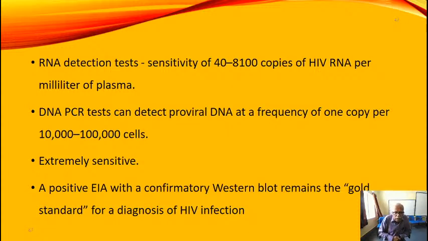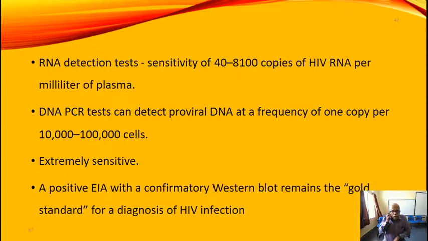So what we are detecting in viral load is RNA, the number of copies per ml of blood, and the sensitivity of these tests is to the tune of 50 copies. If the viral load is less than 50 copies in the blood, it shows as a negative test. That doesn't mean that he is not having any virus in the body.